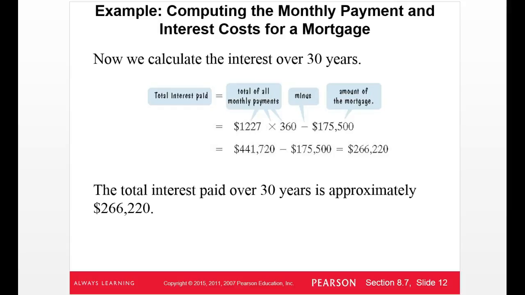And that's how much money we're having to pay to borrow $175,000. Sorry, that doesn't sound right. We're paying $266,000 on top of it to borrow the money, which is $100,000 more than what we borrowed, just to be able to borrow that amount of money.